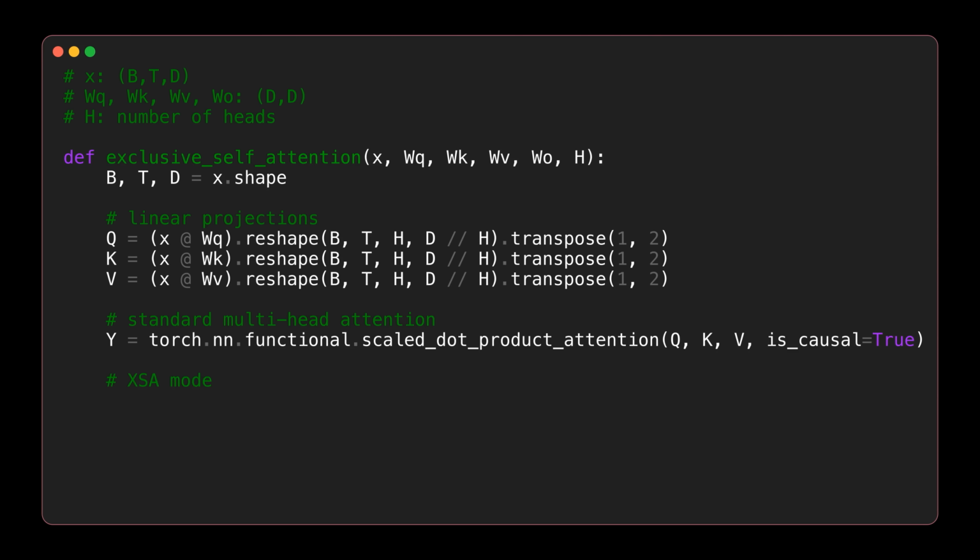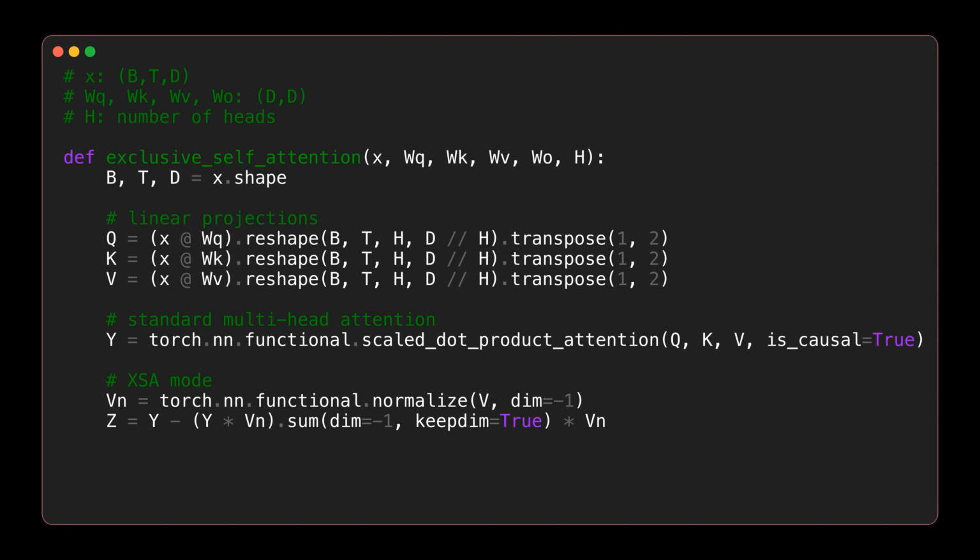The XSA mode simply adds 2 lines. First, we normalize each value vector to unit length, giving us Vn. Next, we remove from y the component that lies in the direction of Vn. That is, we subtract y's projection onto Vn from y. That is it. 2 lines of code changes.